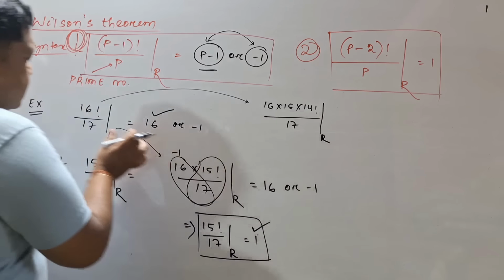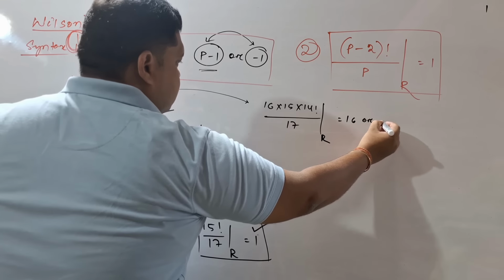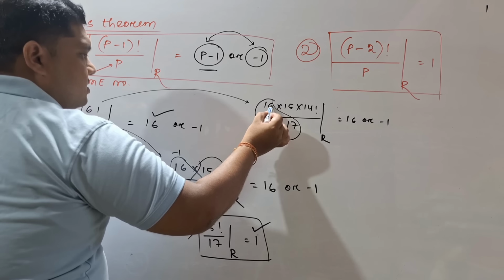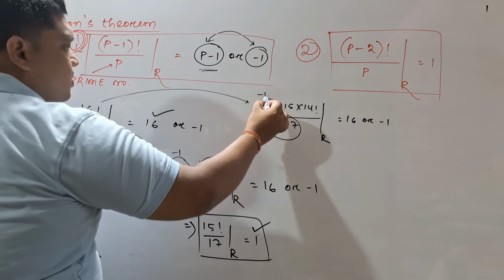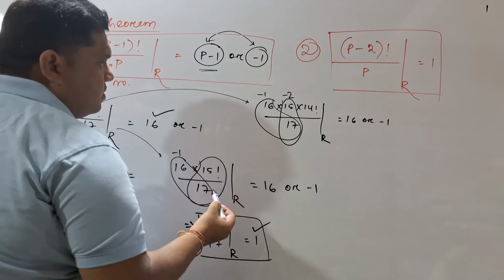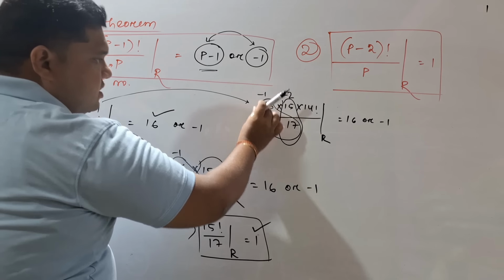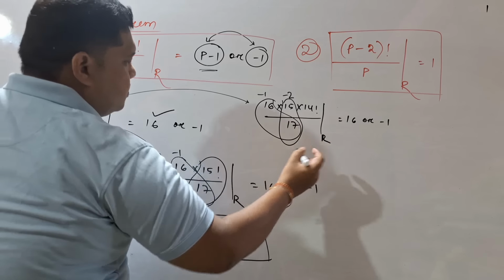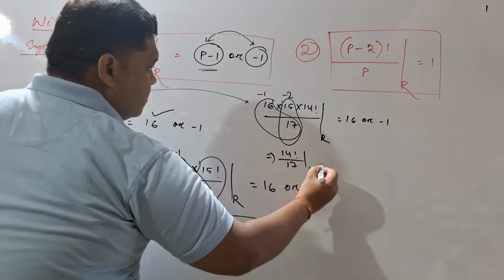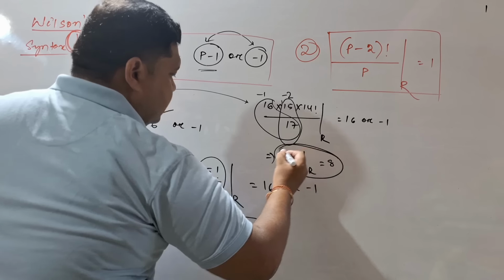I know the answer for this one is 16 or minus 1. 16 when divided by 17, the remainder is minus 1. 15 when divided by 17 is minus 2. Minus 1 into minus 2 is 2. If I take this 2 to the right hand side, this is 16 by 2, which is equal to 8. So the answer is 8.